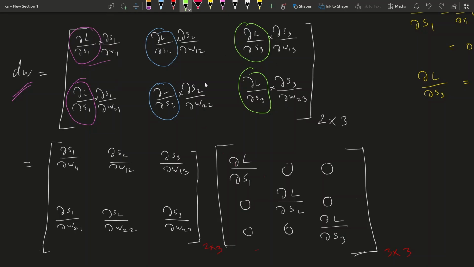Since these are common in each and every column, we can decompose this entire matrix dL by dW in this manner, where you have del S1 by del W11 and del S2 by del W12, and so on and so forth. It has a dimension of 2 by 3, and we multiply that with a diagonal matrix.